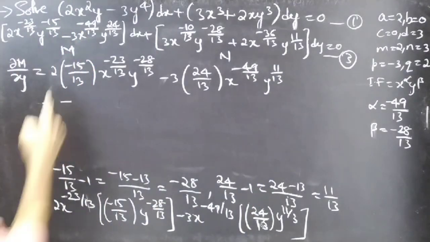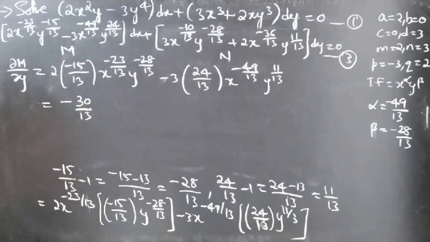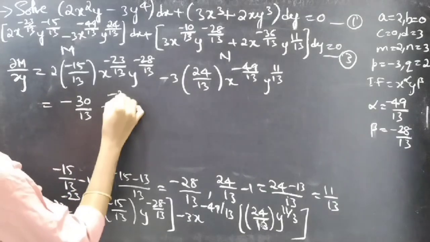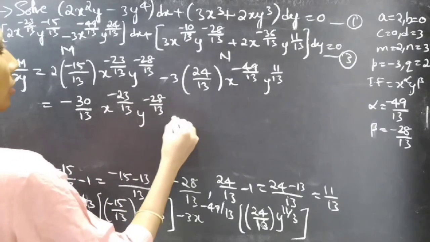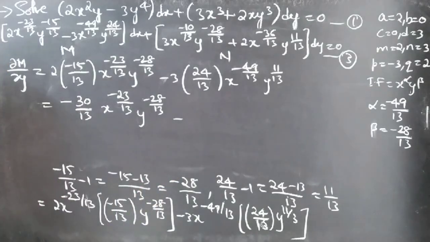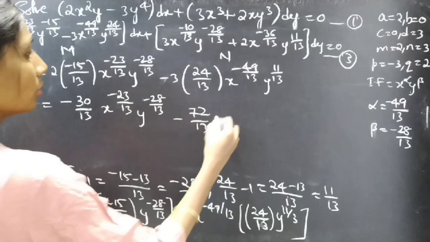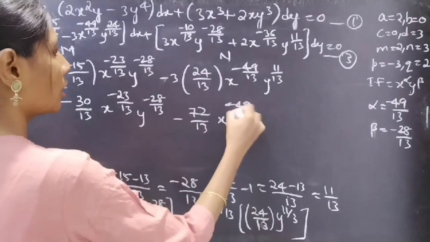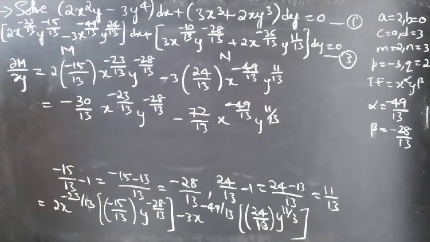This gives us minus 2 15s 30 by 13 into x power minus 23 by 13, y power minus 28 by 13, minus 3 into 28, 72 by 13, x power minus 49 by 13 into y power 11 by 13. So this is the partial derivative with respect to y, result obtained from dou m by dou y.